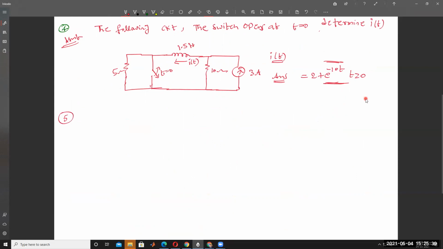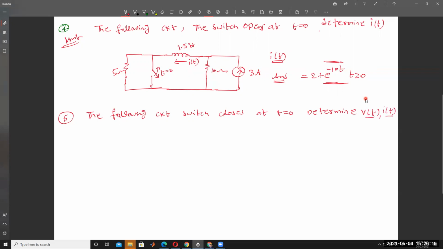In the following circuit, the switch closes at t equals 0. Determine v of t and I of t.